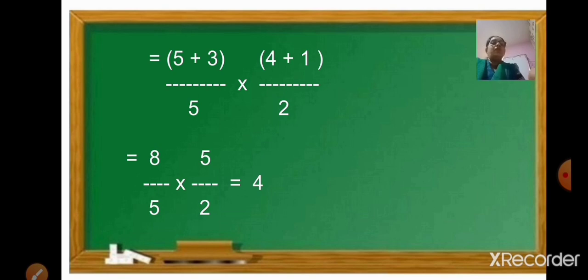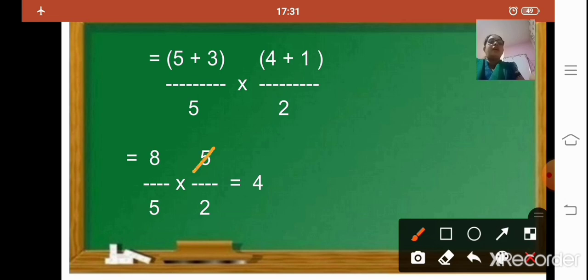So further when we do it, 5 plus 3 is 8 upon 5 and 4 plus 1 is 5 upon 2. Now here this 5 and this 5 will get cancelled. 5 ones are 5, 5 ones are 5. Now 8 and 2, 8 is easily divisible by 2. So 2 ones are 2, 2 fours are 8. So your final answer is 4. Okay.